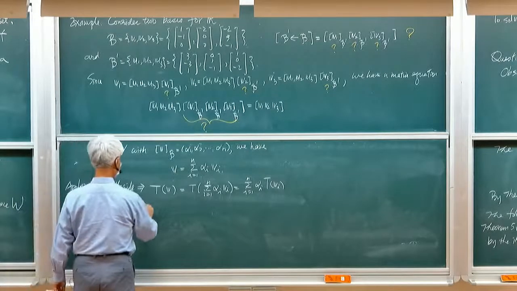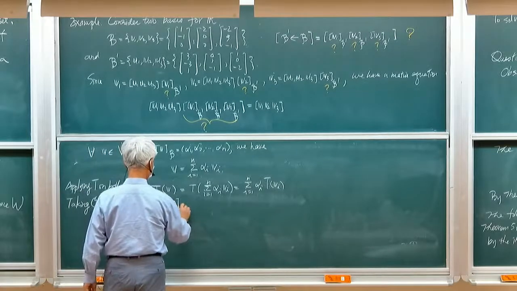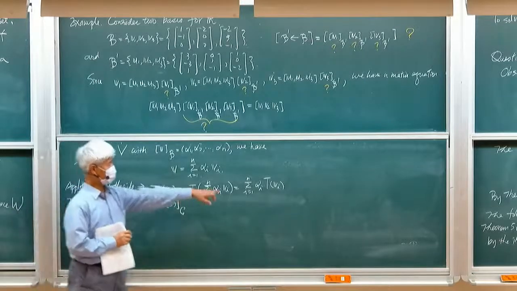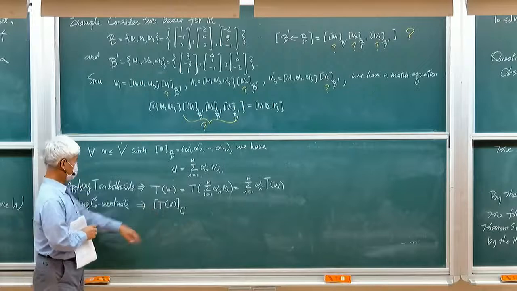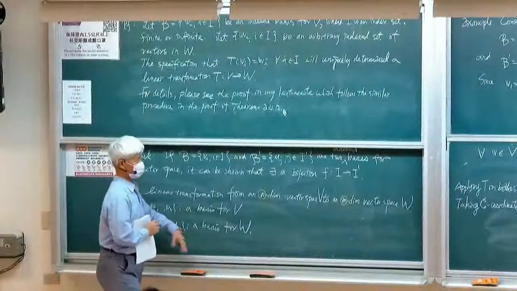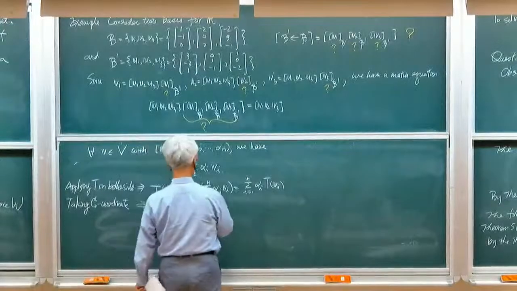We have, because all these vectors are in the codomain W. So we select C as a basis for the codomain W. So that's C again.